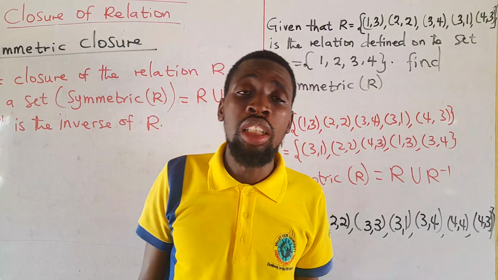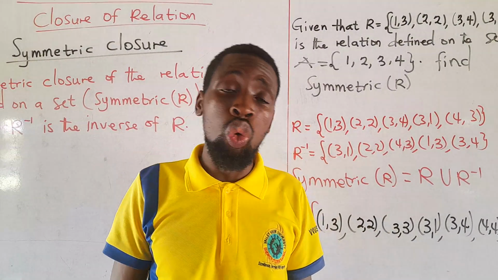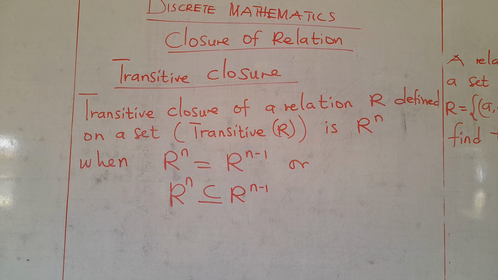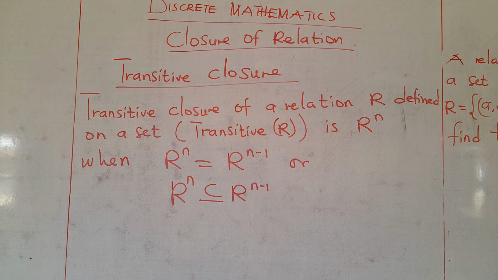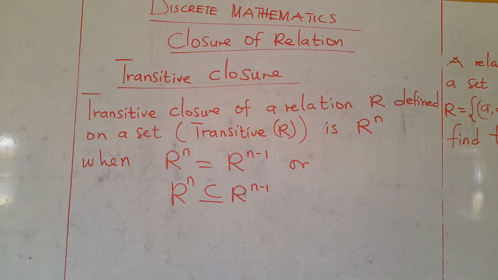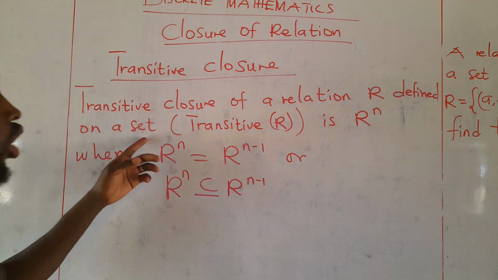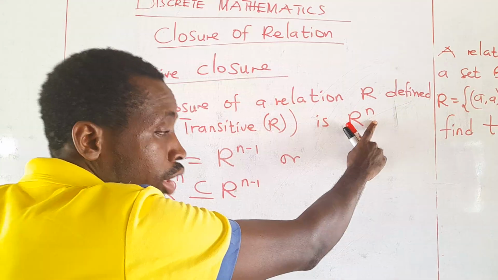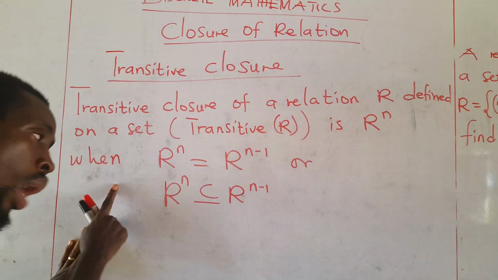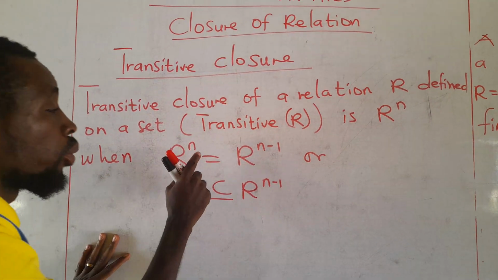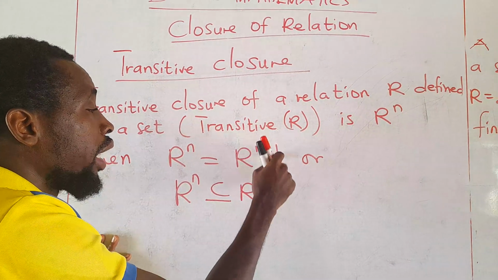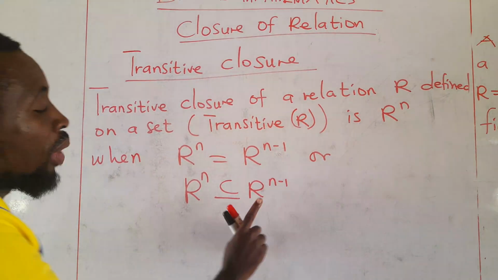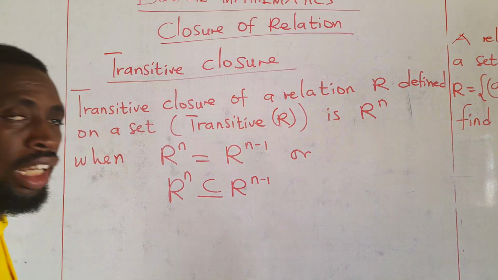The next one is the transitive closure. So we look at the last property, which is the transitive closure property. We say the transitive closure of a relation R defined on a set, also written as transitive(R), is R exponent n, when R exponent n is equal to R exponent n minus 1, or R exponent n is a proper subset of R exponent n minus 1.